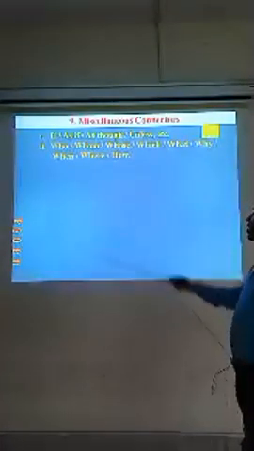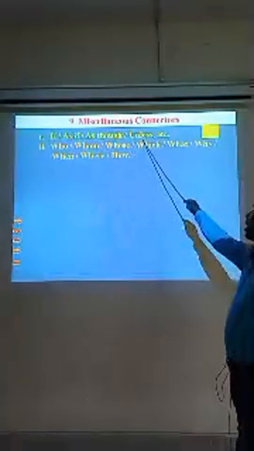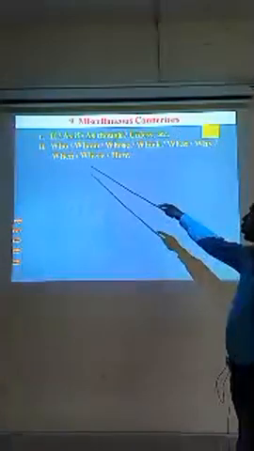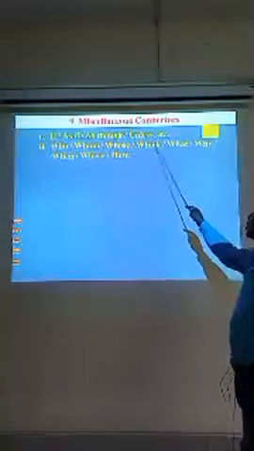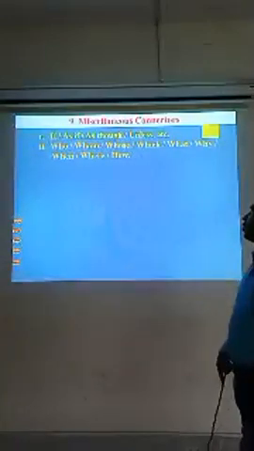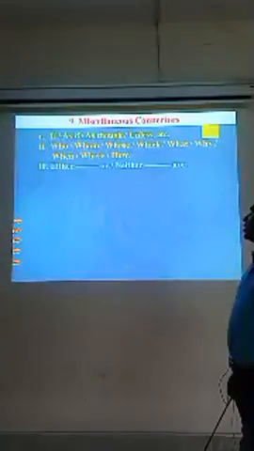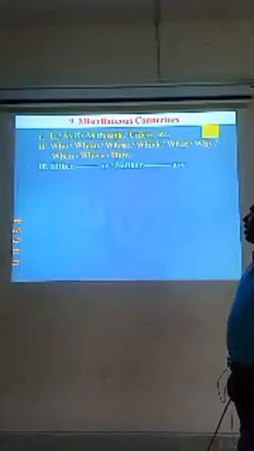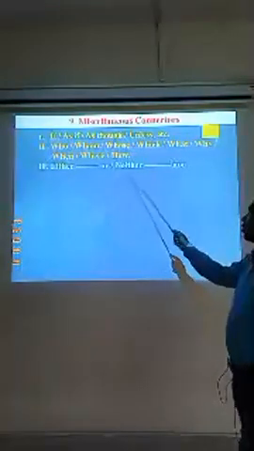Next, number 9, miscellaneous connectors. You can see different kinds of connectors. Number 1: if, as though, unless, etc. Number 2: who, whom, whose, which, what, why, when, where, how, etc. This is a miscellaneous example. And number 3: either, or, neither, nor.